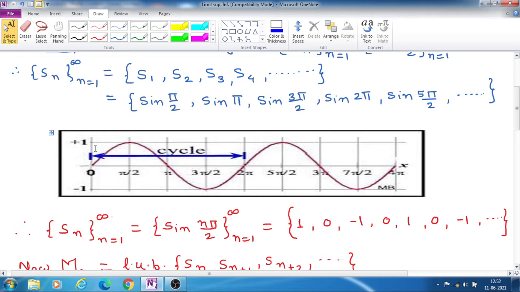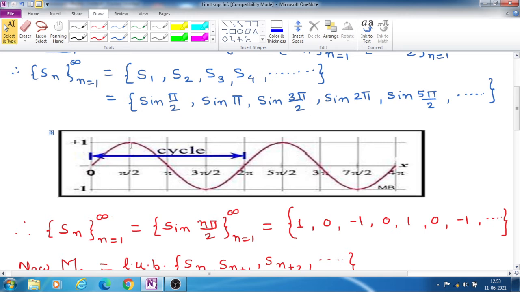Sin pi by 2 is plus 1. You must also remember these values, but from this graph you can see it. Next is sin pi. Here x is equal to pi, and the y value is equal to 0.